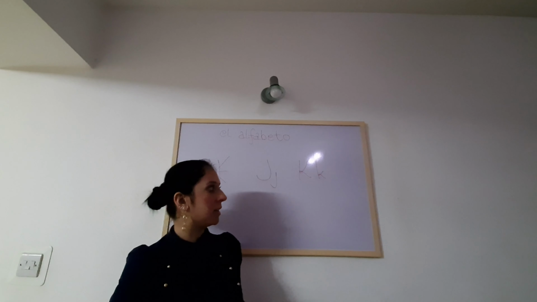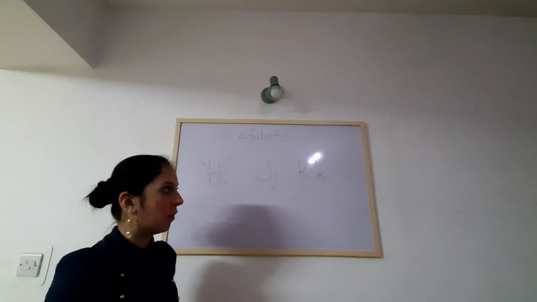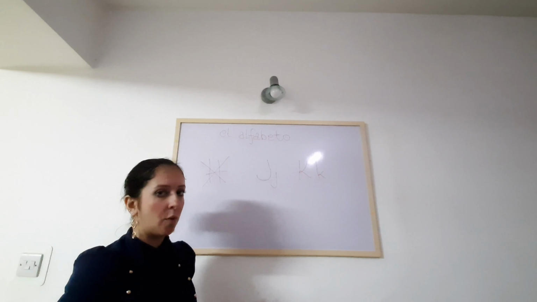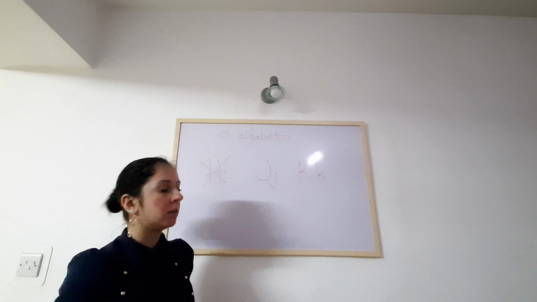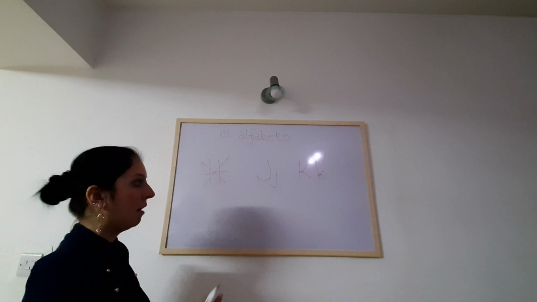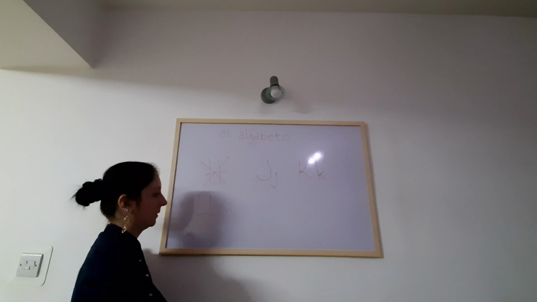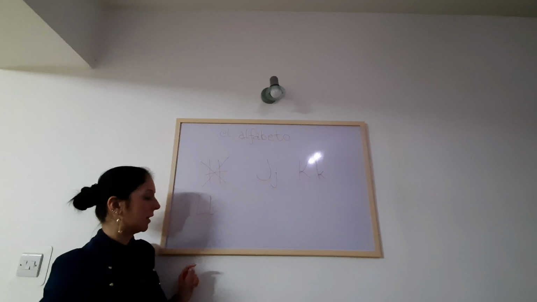The letter K in Spanish is usually found in foreign words such as kilómetro or kayak, so you won't be seeing it. K, L, normal, then this one, LL, that's why I like to put it together.